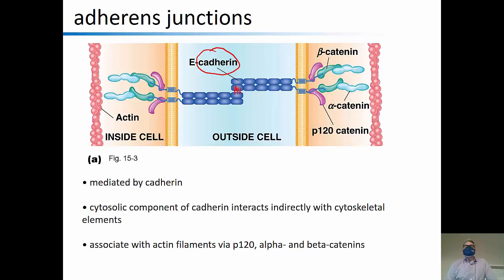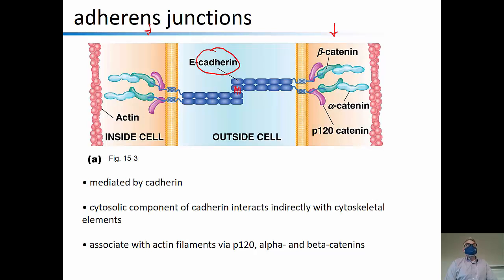The cadherins then, if we look here, this blue area is the outside of the cell, or really the region between the two cells, and the orange is showing the cytosol of the right and left cells. So the cadherin itself, shown in blue, is actually a transmembrane protein.